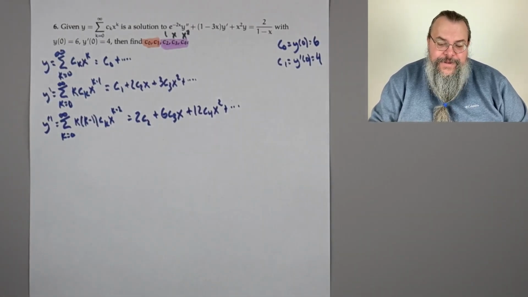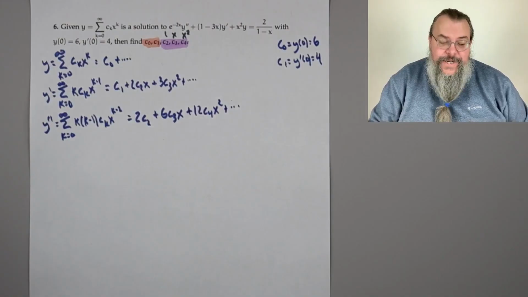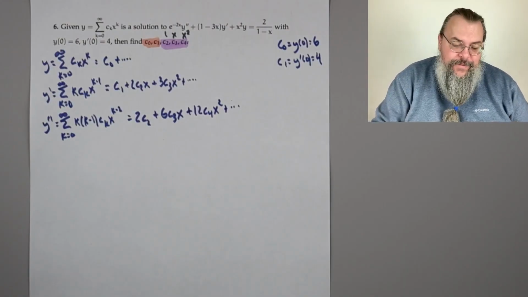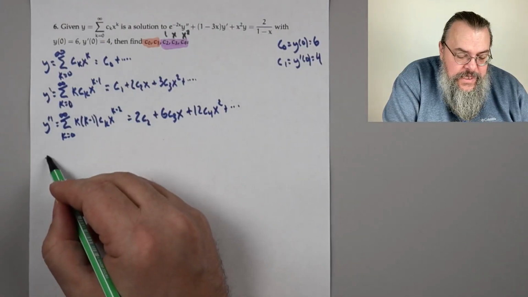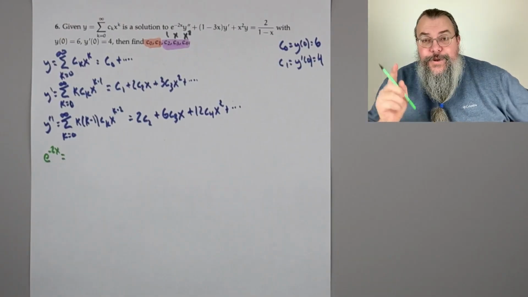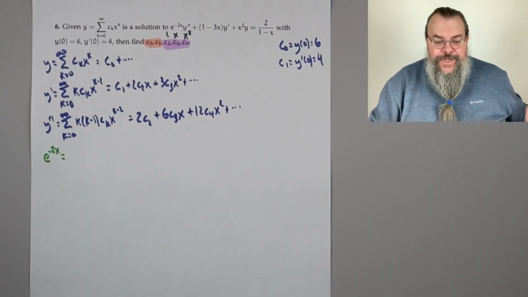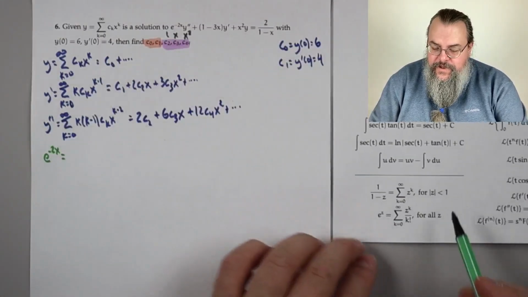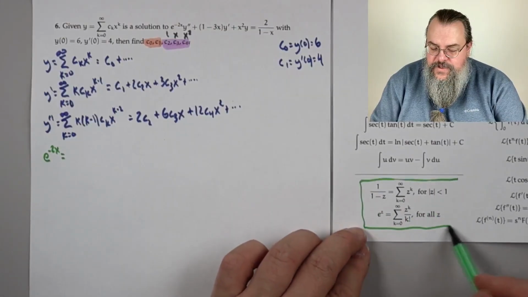What else do we have? Well, we have these functions, e to the minus 2x and 2 over 1 minus x. So let's start with e to the minus 2x. Well, good news, we have a formula sheet. And on that formula sheet, you'll notice there's some rules.